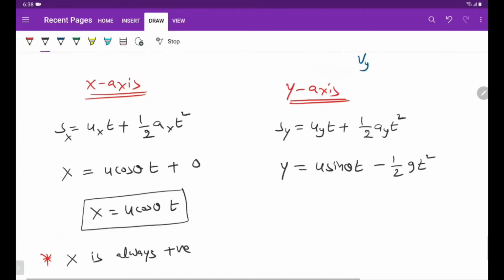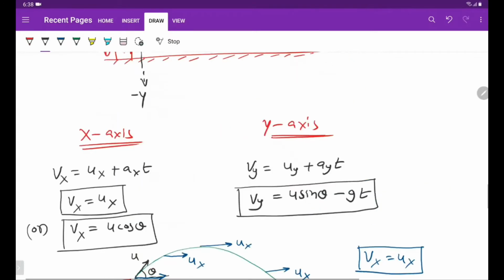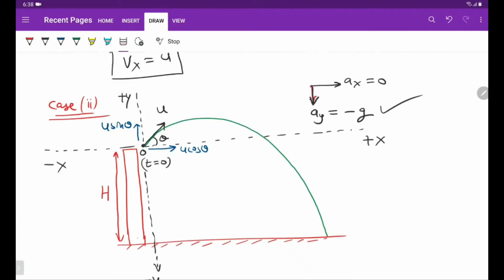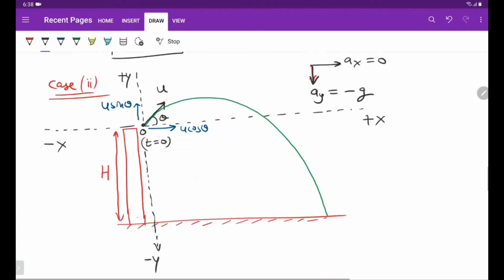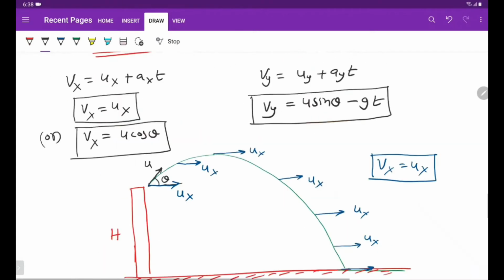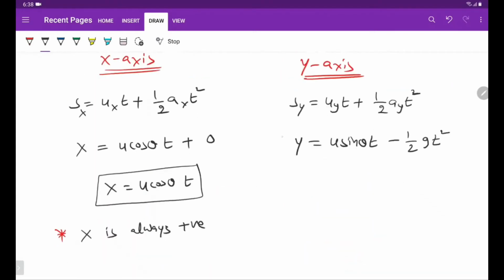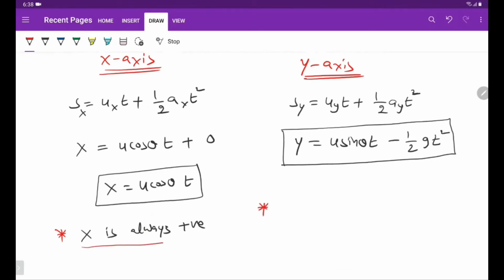Here we took g as negative since downward is negative. What about y?